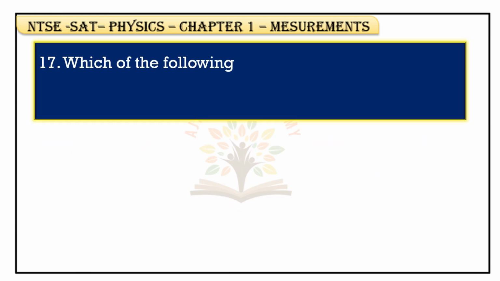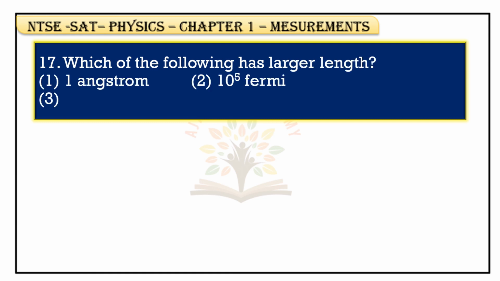which of the following has larger length? 1 Angstrom, 10 to the power 5 Fermi, 1 nanometer and 10 to the power of minus 4 micron.